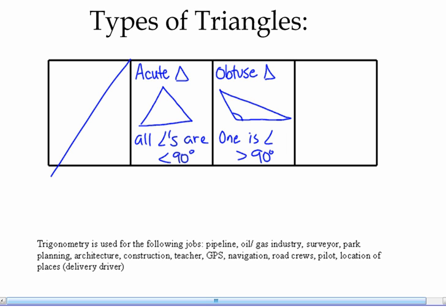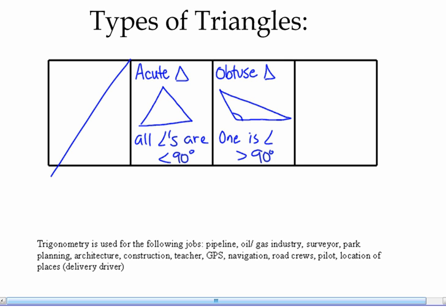Is it possible to have more than one? No. You could try. It won't happen because angles in a triangle add to 180. If one of them is over 90 degrees, the other 2 combined must be smaller than 90 degrees because it has to add to 180.